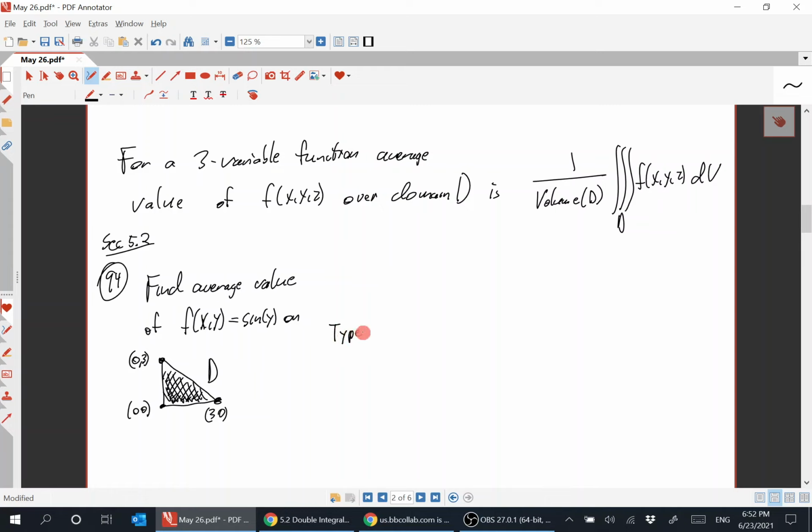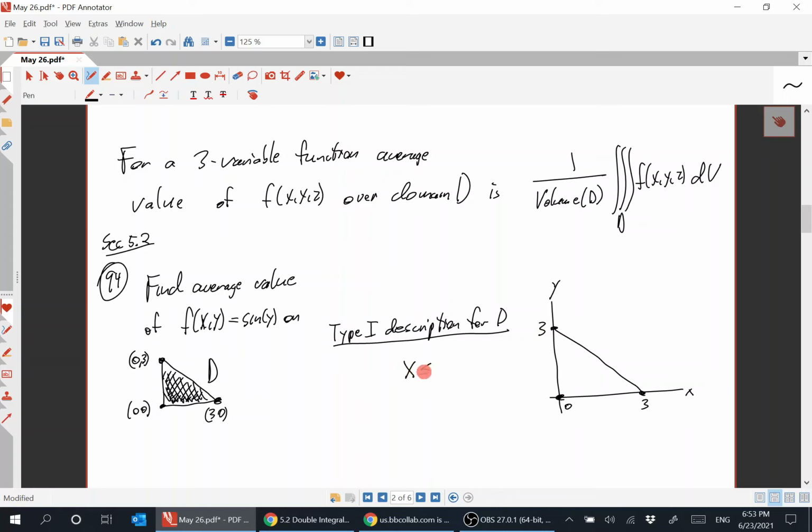So type 1 description for D. So let's draw it again. Here's the x-axis, here's the y-axis, here's that line. This is 3 on the x-axis, 3 on the y-axis.